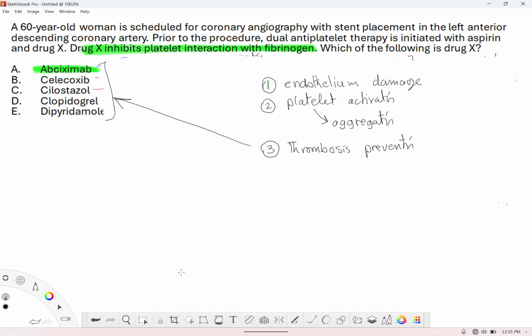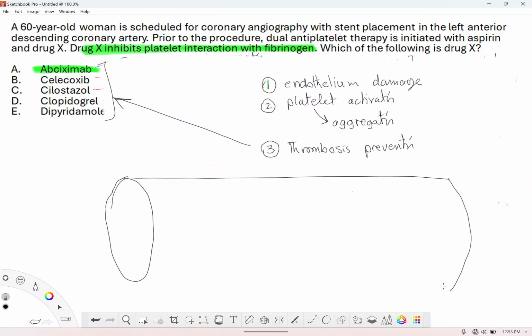So generally speaking, let's say this is a coronary artery.